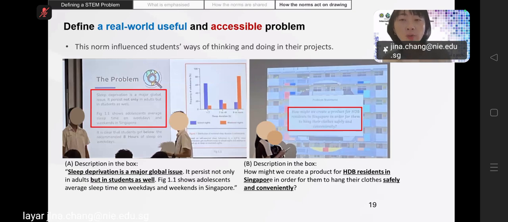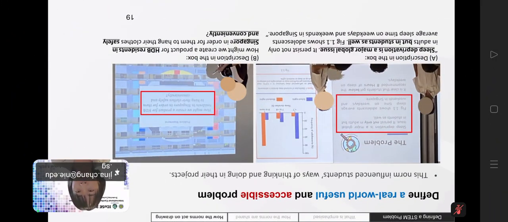As my first norm, this idea started to change and influence students' ways of thinking and doing in their STEM project. So for example, in the left side of the photo, the students describe their problem very concretely. This group developed a sleeping pod in the school library to take a rest.